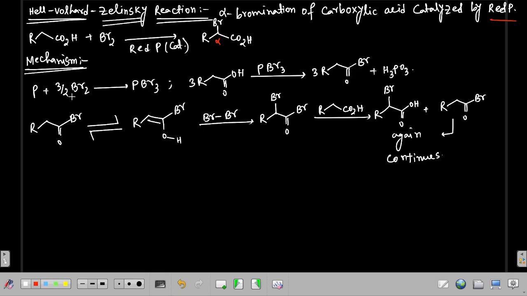This phosphorus will react with bromine to form this phosphorus bromide, that is PBr3. This phosphorus bromide will react with 3 molecules of this carboxylic acid to form this acyl bromide.